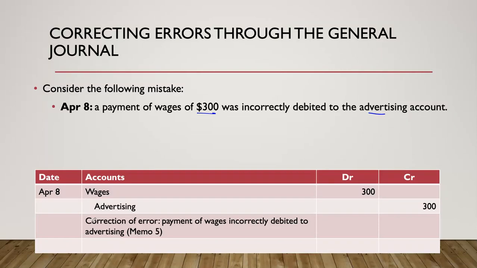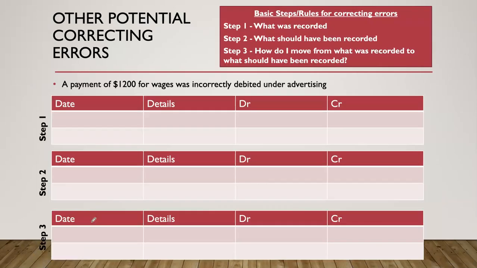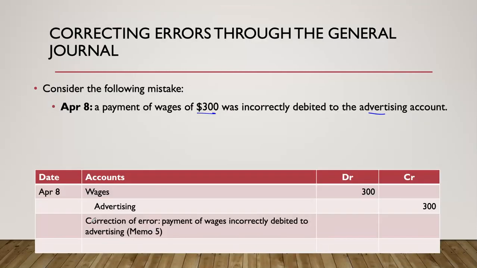Let's go through the 3-step process with this one. A payment of $1,200 for wages was incorrectly debited under advertising. Now, we should hopefully understand already, because the only thing different is the numbers, that this is probably going to result in $1,200 as a debit and $1,200 as a credit.